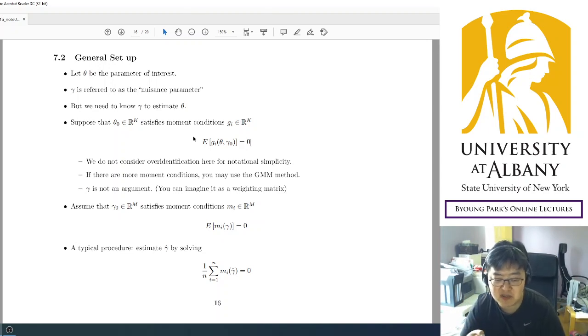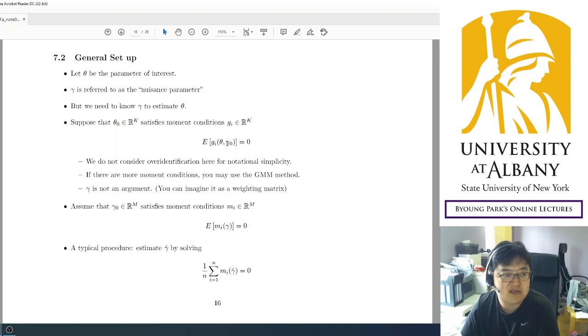However, the problem here is when you define the moment function, there is some missing information. Here is gamma. You need to know gamma for the moment function to be well defined. However, gamma is not known. If you know gamma, then of course there is no problem.